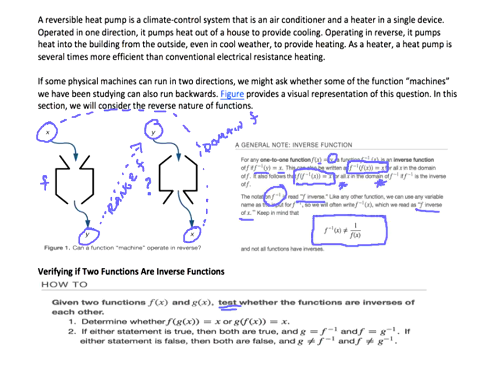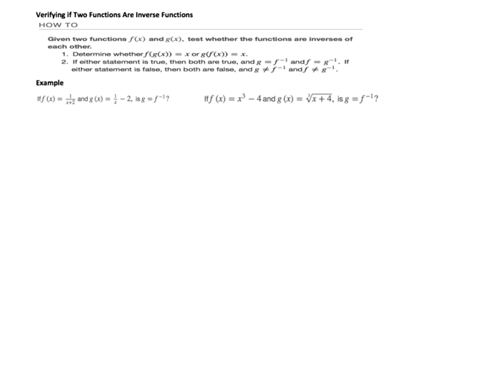So what you have to do is you compose the functions both ways, and only if you end up with x composing both ways, only then can you determine that yes, they are inverses of each other. If you don't get x when you compose both ways 2 different times, then they are not inverses of each other. So let's take a look.